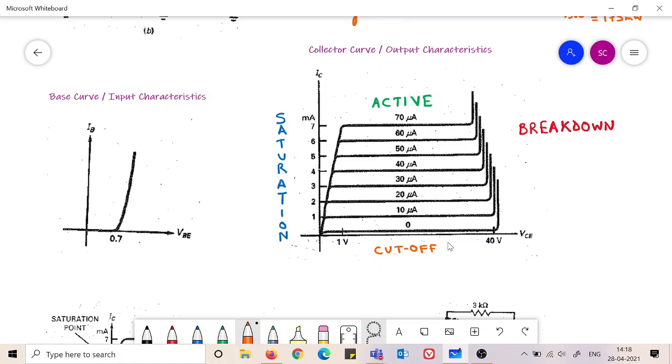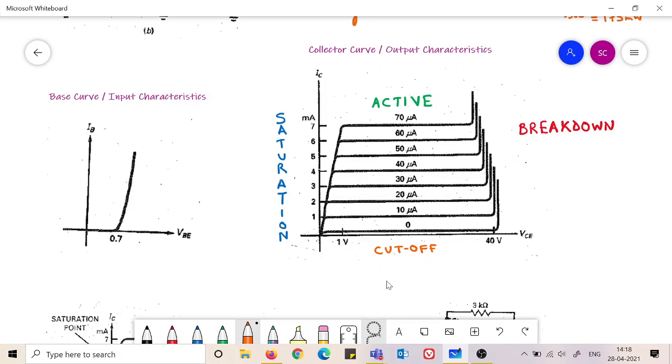So we have to know what the breakdown voltage is for each of the curves. You see that more or less it is around 40 volts. As you keep on increasing the base current, this breakdown voltage also decreases.